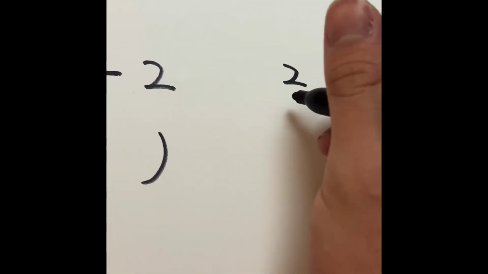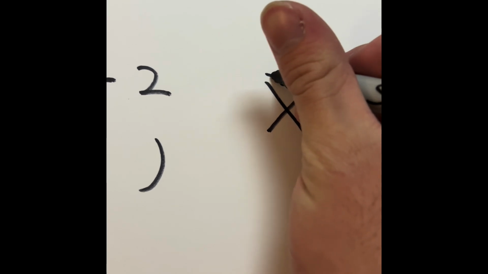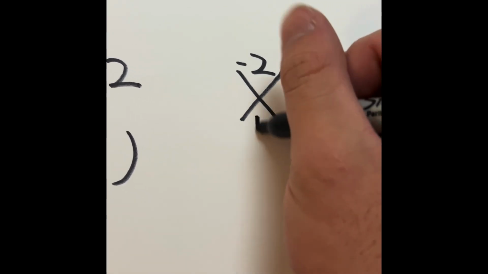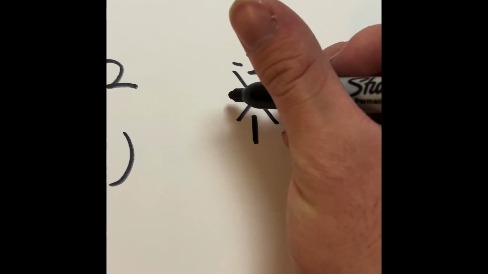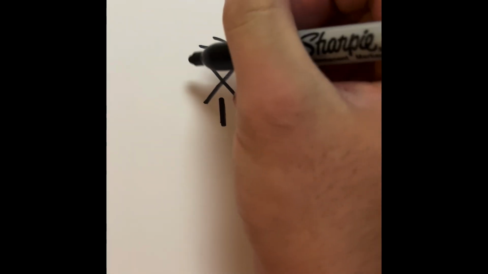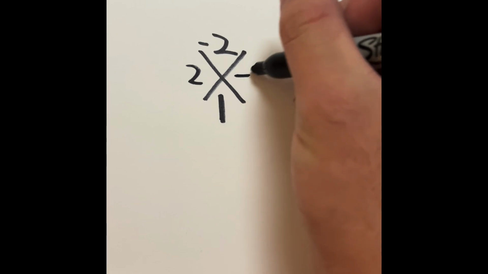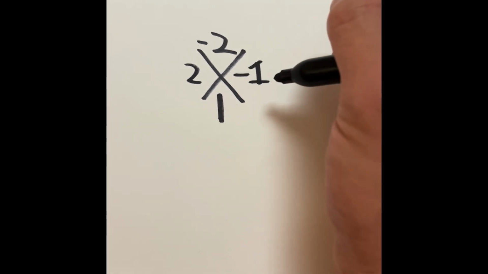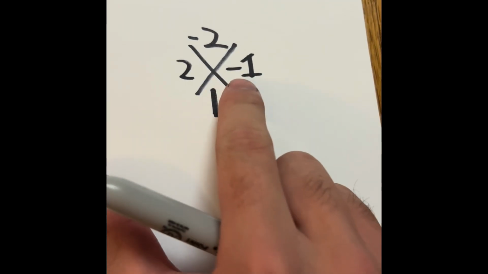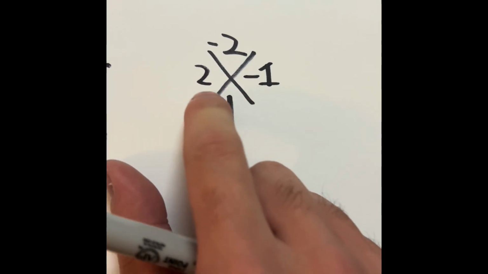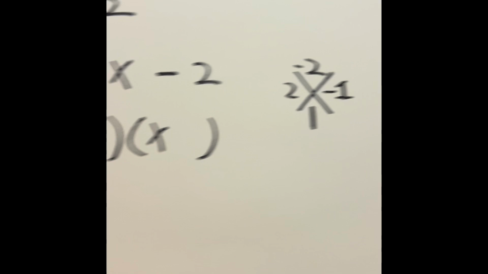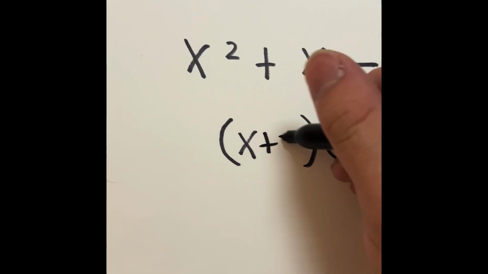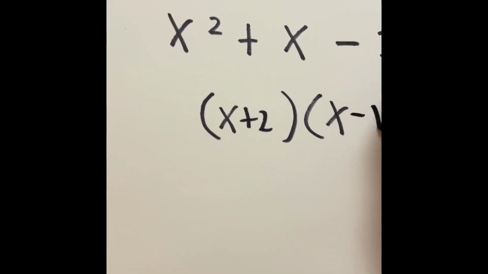What multiplies to negative 2 and adds to just 1? Well, we could have 2 and negative 1. 2 times negative 1 is negative 2, and 2 minus 1 is 1. So that makes a lot of sense: x plus 2 and x minus 1.